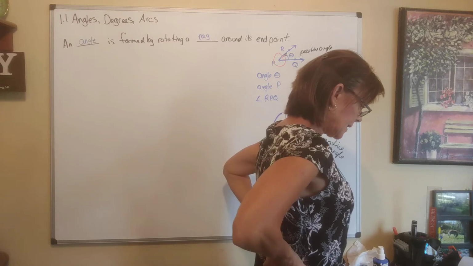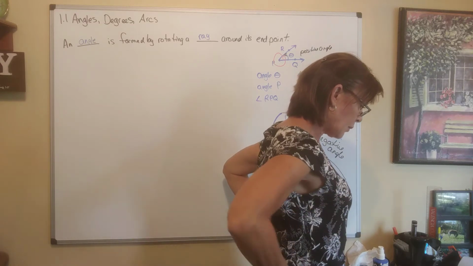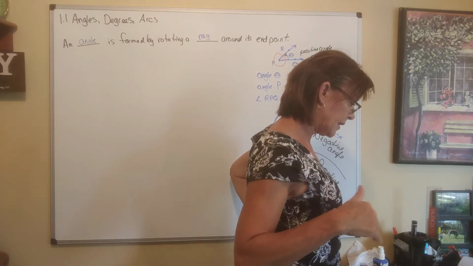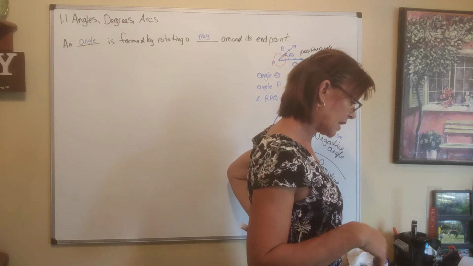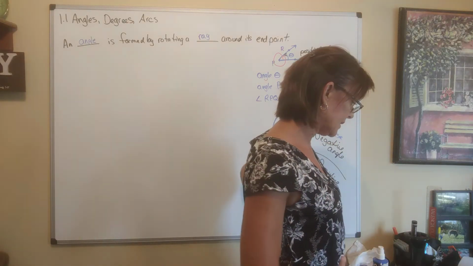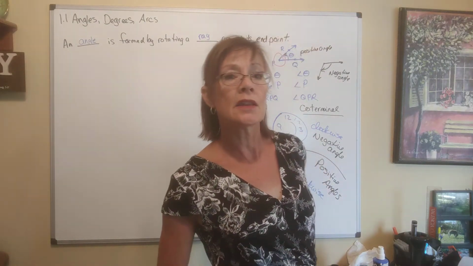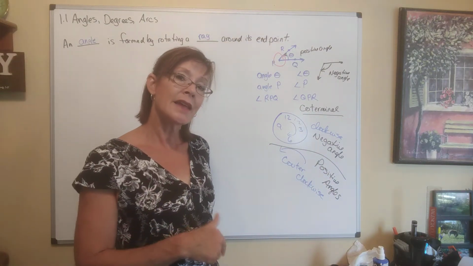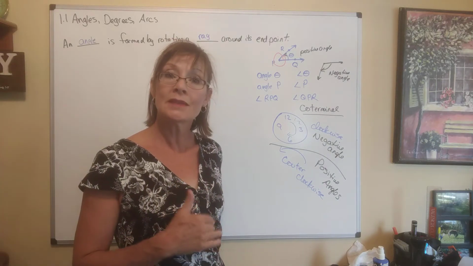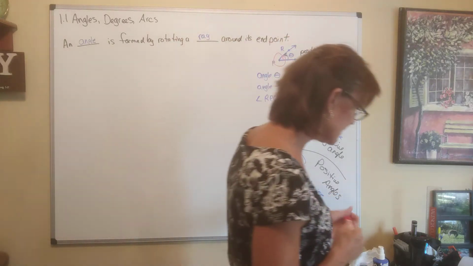Let's see, the next thing it says is there's a couple of blanks. It says a blank can be divided into blank and seconds, just like an hour is divided into minutes and seconds. And so a degree can be divided into minutes and seconds, just like an hour can be divided into minutes and seconds. And so it looks like this.